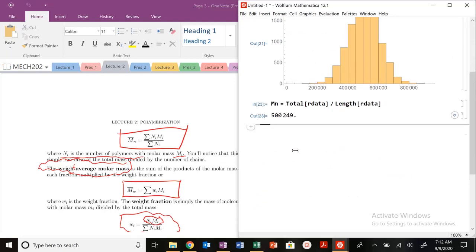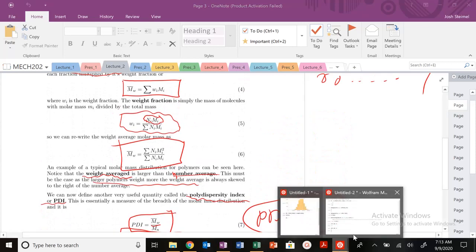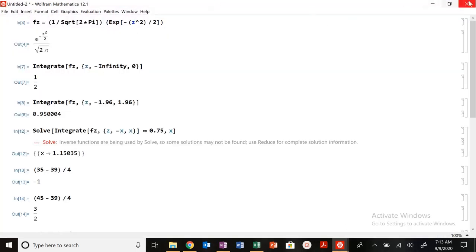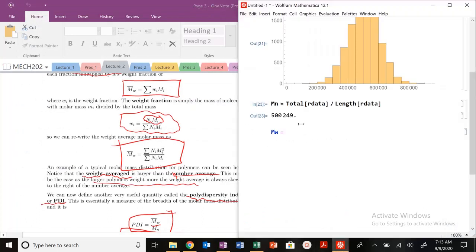To calculate our M sub w, it's going to be a very similar looking equation, except we're going to have to do a little bit of a trick here. Let me pull Mathematica back up. To get M sub w, we're going to have to do something a little bit different. So what we need to do first is take our data and square each value. So I am going to create a table of this.